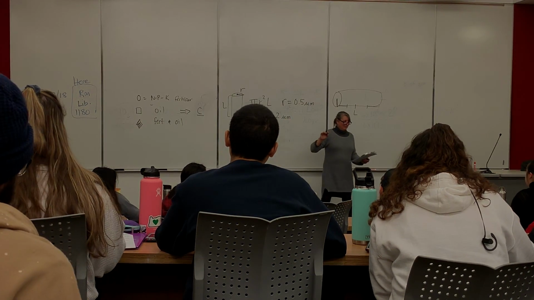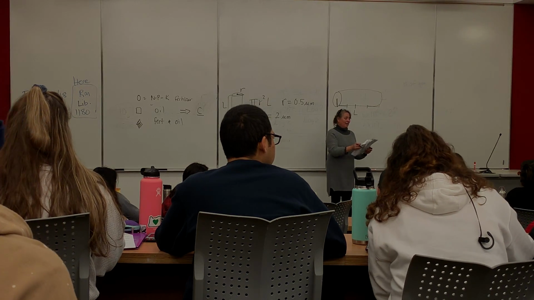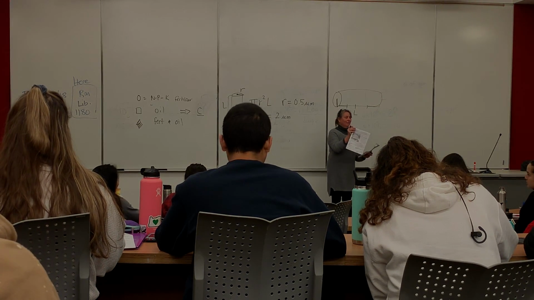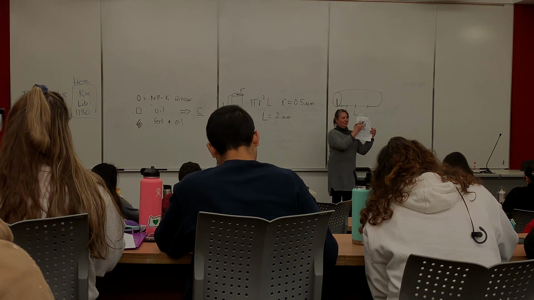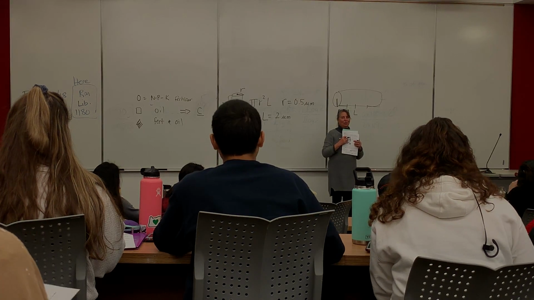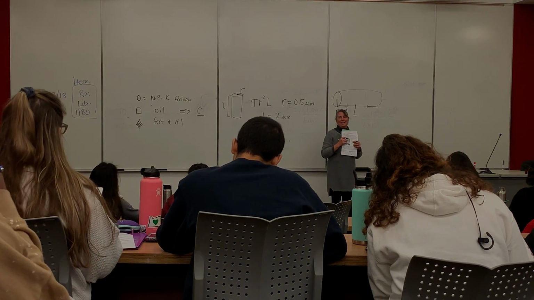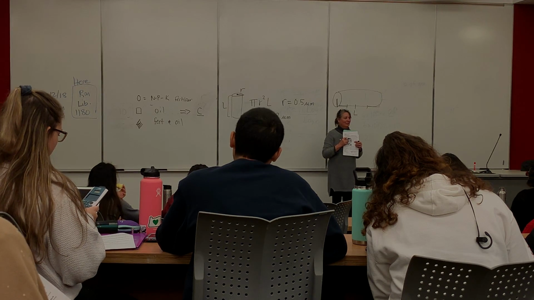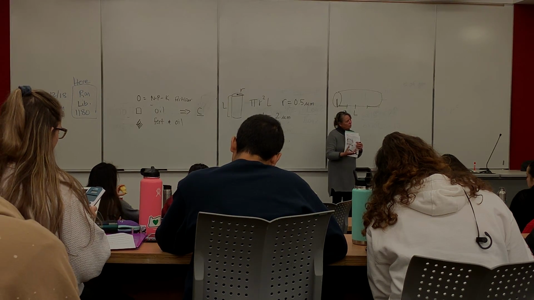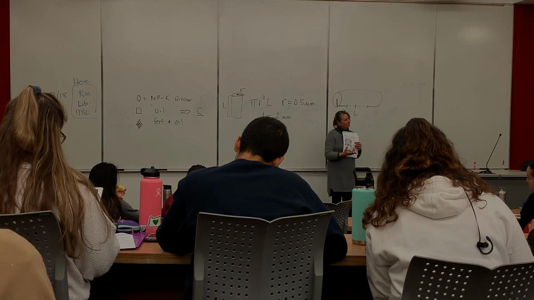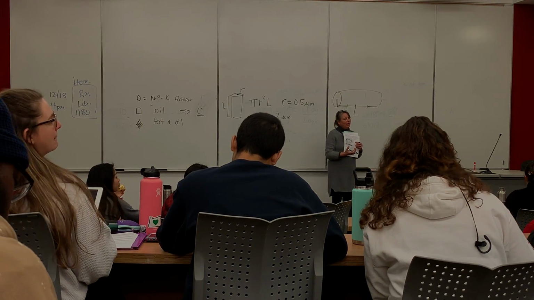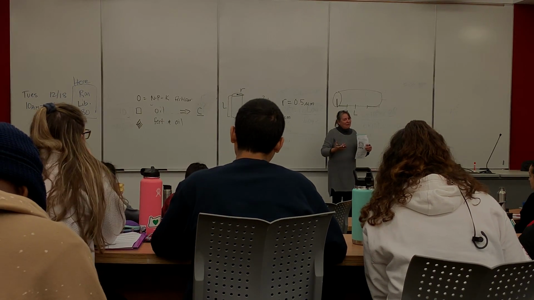Oh, you're confused, Harley? Okay, so you're looking at figure 1 where you estimated the size in question 1. We decided it was about 2,000 nanometers long. So now we're trying to decide, can we estimate the radius?